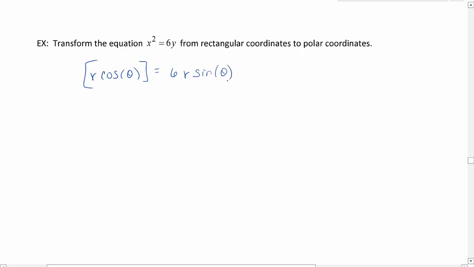We've technically transformed it, but we want to get it in the correct form, which is solved for r. So we have this squared, so I'll apply that to everything inside. We get r squared times cosine squared equals 6r sine of theta.